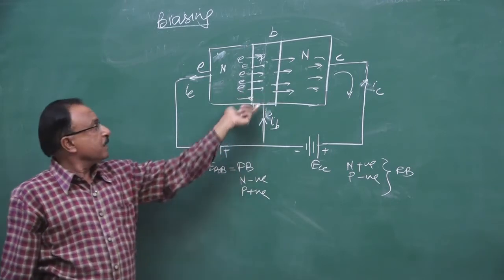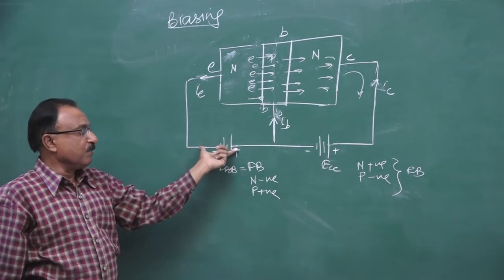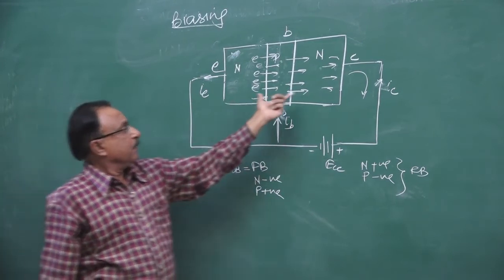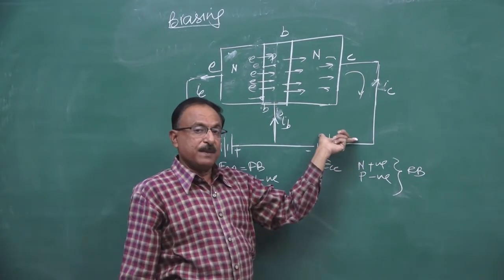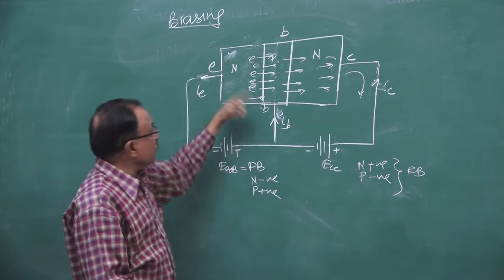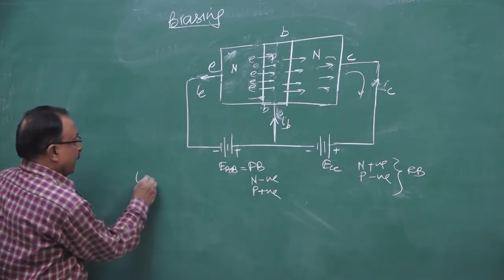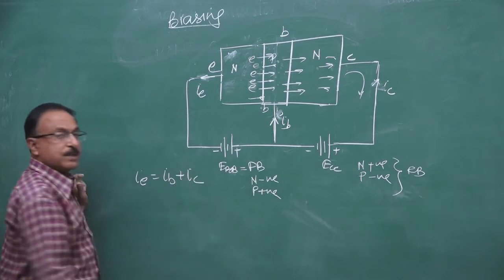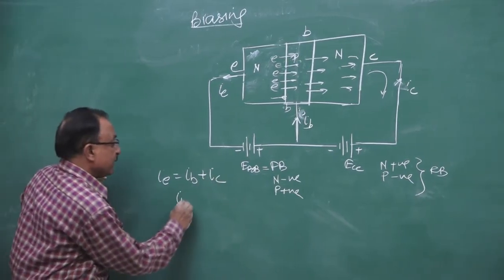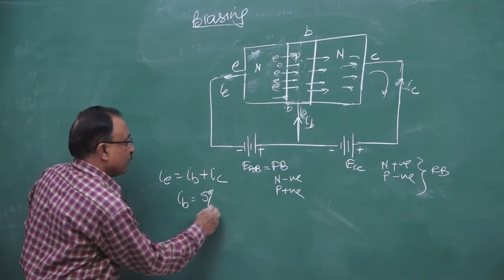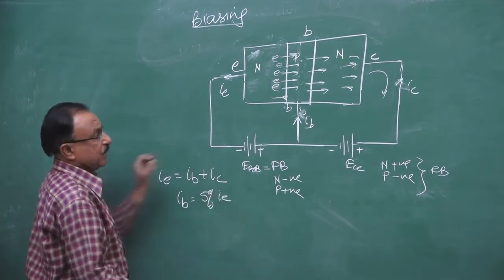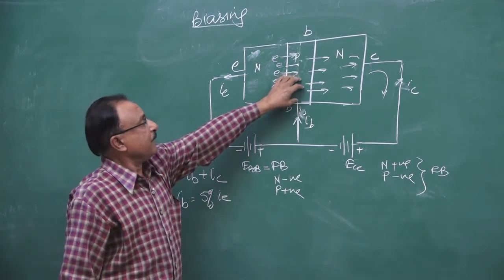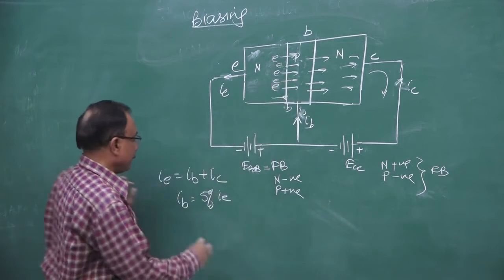So for the junction to conduct, the emitter-base junction should be forward biased and the base-collector junction should be reverse biased. By using Kirchhoff's law, the emitter current will be equal to the base current plus collector current. Base current will be about 5% of the emitter current because only a few holes are there to neutralize the electrons.